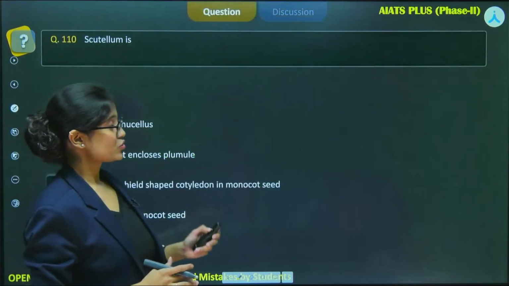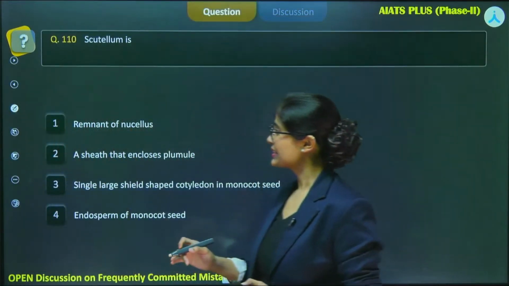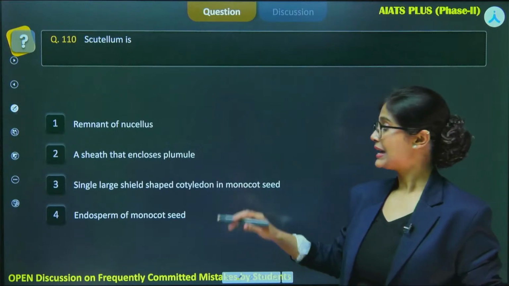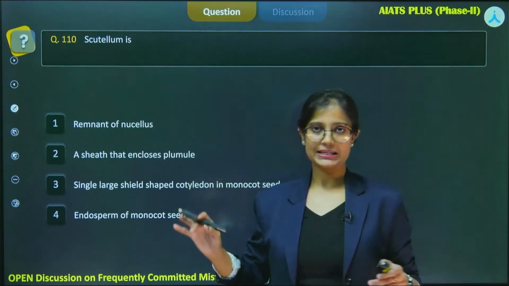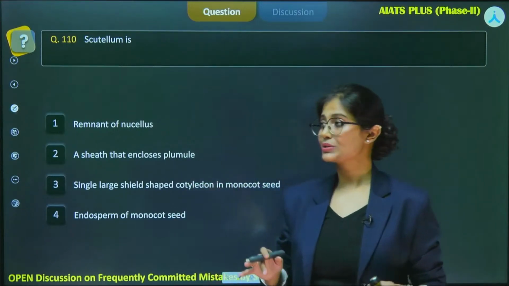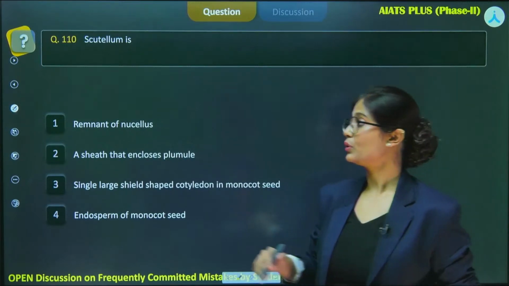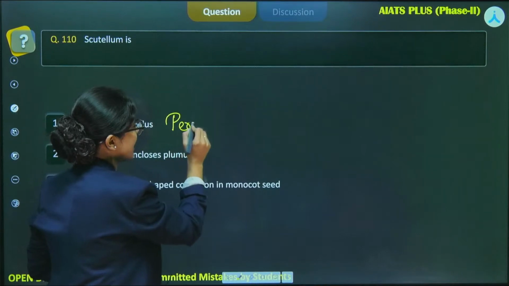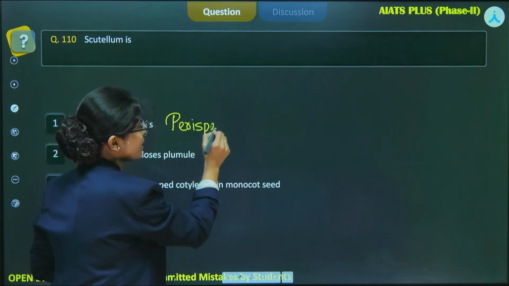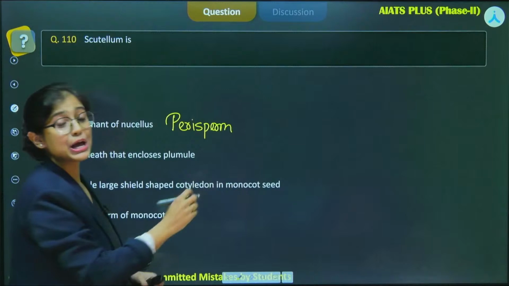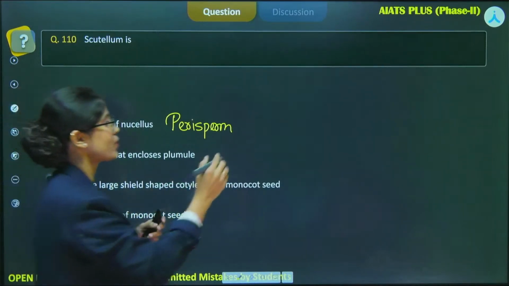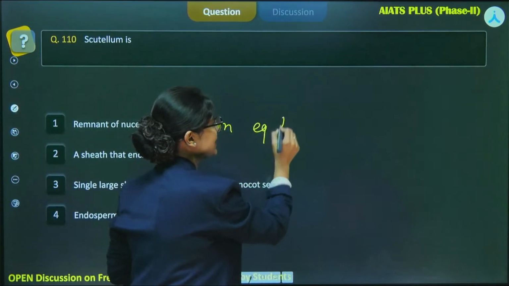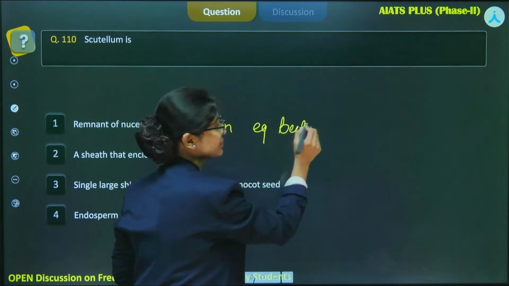This is how the complete structure of the monocot embryo looks. If we see the question, it is asking about the scutellum. The first option is remnant of nucellus. Remnants of nucellus persisting during the development of the embryo are known as perisperm, and the seed in which perisperm is found is known as perispermic seed, for example, beet or pepper.